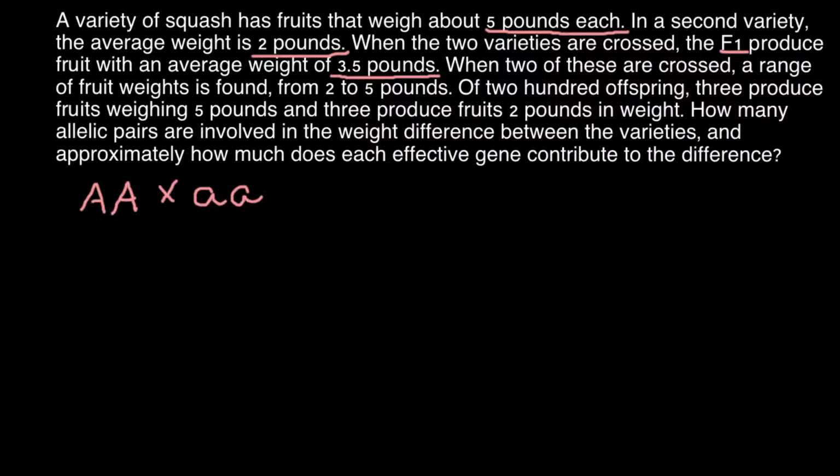If this is an additive trait, for example, the dominant allele would add, say, 10 centimeters for each allele, so 10 plus 10, and the recessive allele, let's say, would add 5 centimeters, so 5 plus 5 centimeters.